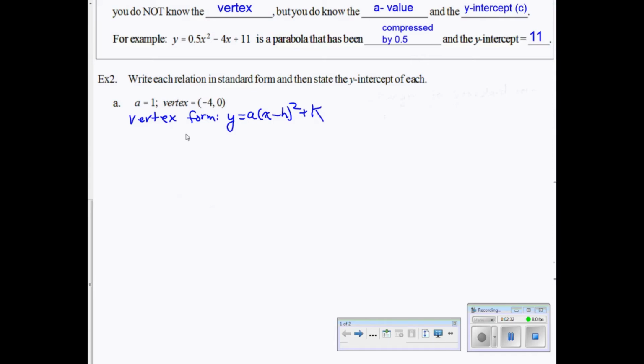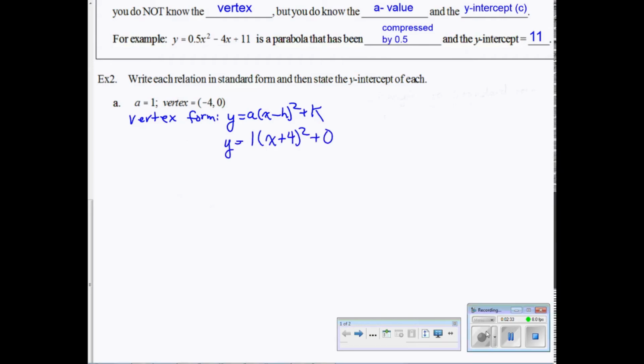If I don't tell you what the y-intercept is, all you have to do is write your equation like this, because you know you have the opposite for x inside the bracket, but then you just copy down your 0 for your k, because that's what your vertex is. Your vertex is the opposite of this, and then the exact number of this for your number. So now all we have to do is expand this problem.